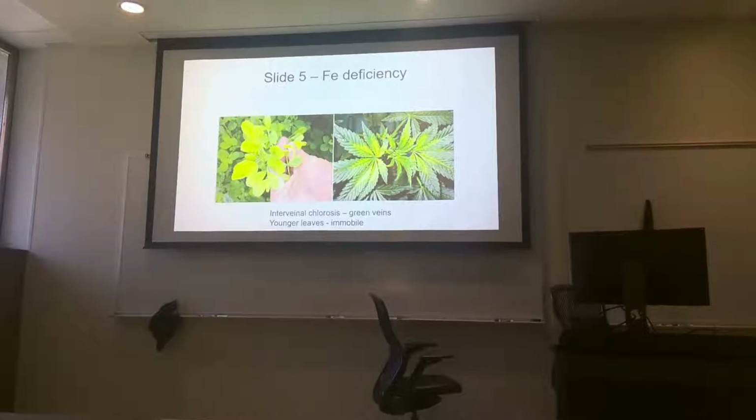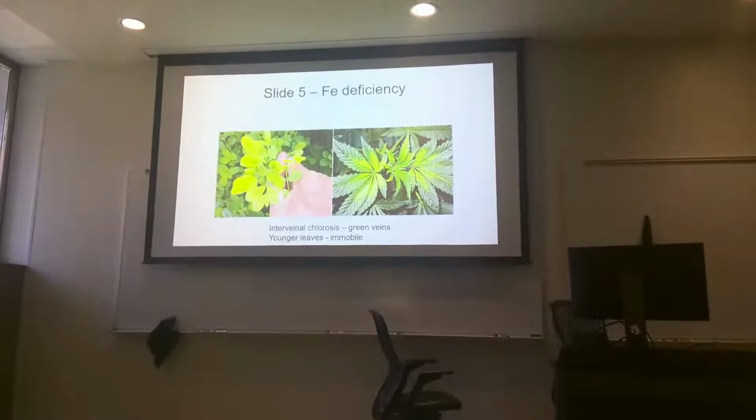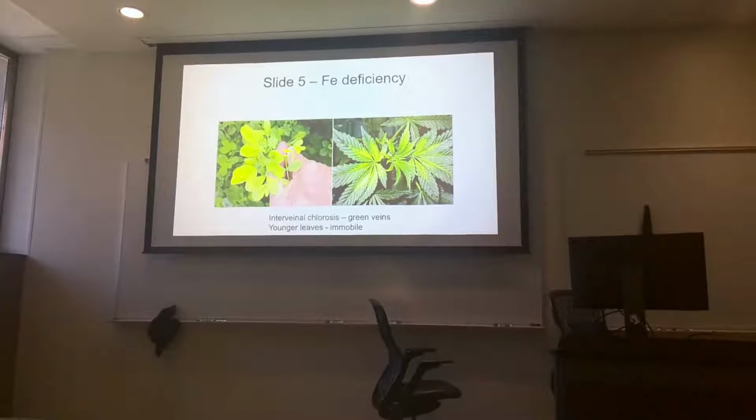And then here you can see it's got the tips. And then it's going to be in younger leaves. This person is grabbing the youngest leaves of the plant, and so you can see.